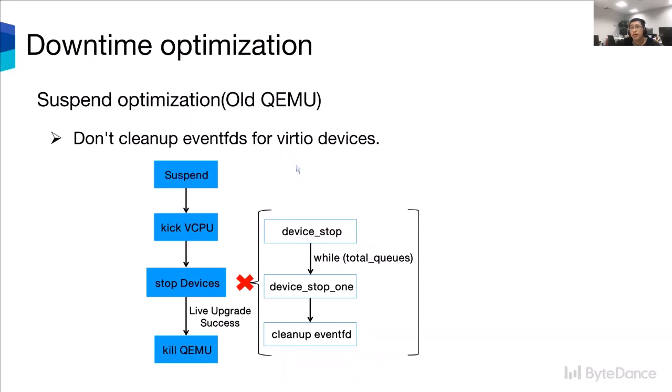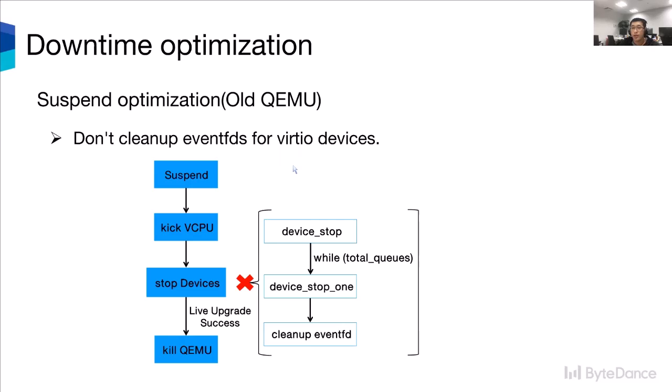When stopping the old QEMU, we find that cleaning up event FDs takes a lot of time when devices have multiple queues, for example net, block, and so on. The old QEMU process will be killed after the live upgrade. Under normal QEMU initialization logic, event FDs are freed by the QEMU process.